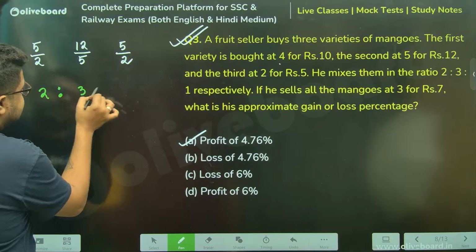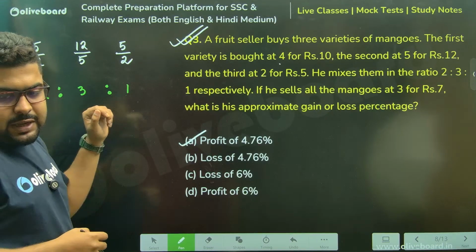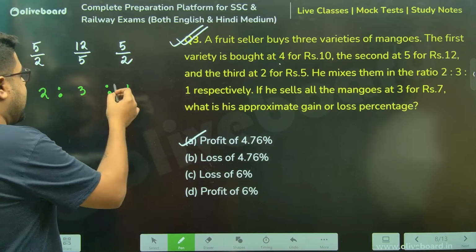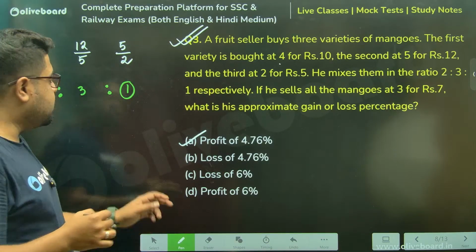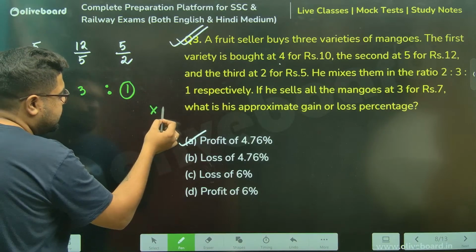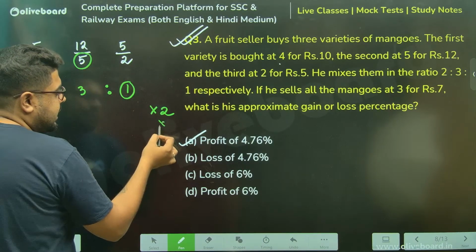Sir, please understand, I don't want to play with any fractions. I need a 2 to get rid of this fraction, so I need to multiply this particular ratio by 2, and to get rid of this, I need to multiply by 5.